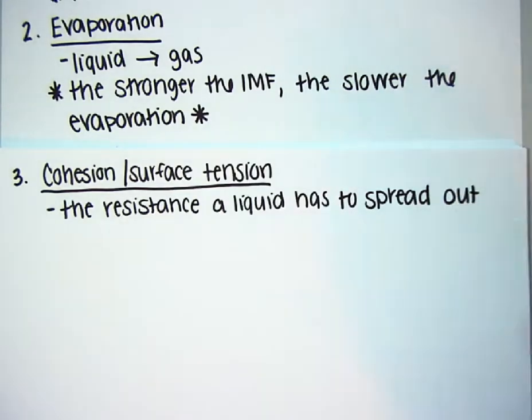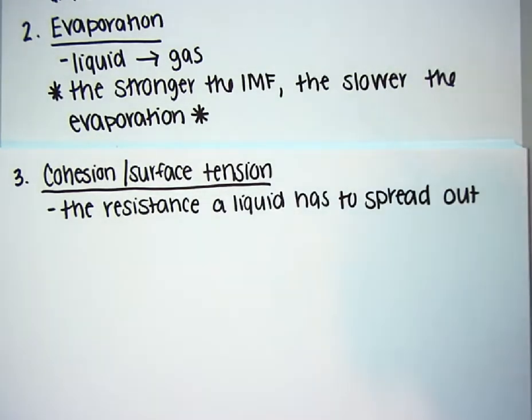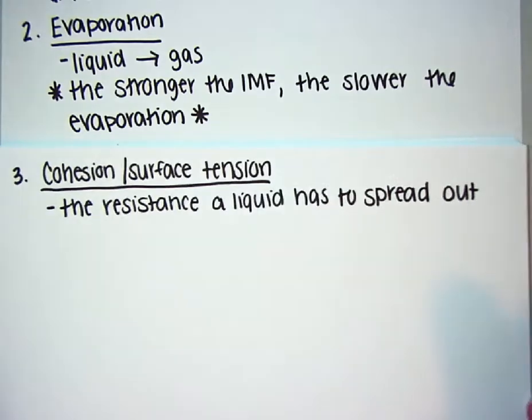It does not want to increase its surface area. So think if you ever have seen a drop of rain or some dew on a blade of grass early in the morning, think of how that water kind of bubbles up. It is resisting spreading out. That's because it has a lot of surface tension or a high cohesion.